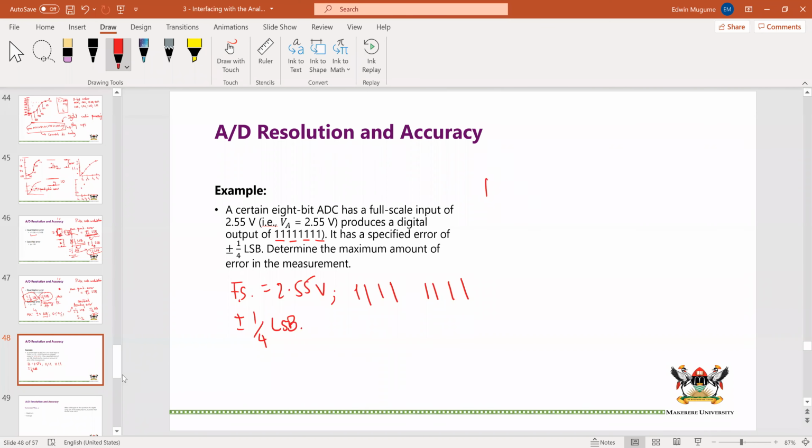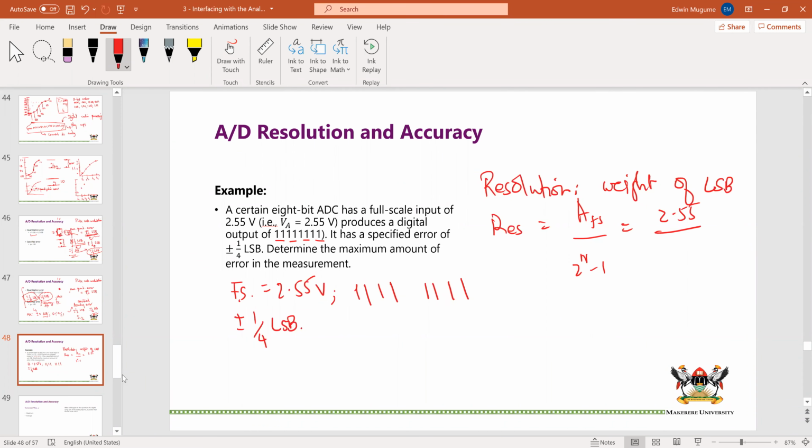First of all, we need to get the resolution, because the resolution is the weight of the lowest significant bit. And so we know that the resolution is equal to AFS over 2 to the power n minus 1, where AFS is the full scale 2.55, over 2 to the power n, n is 8, minus 1.